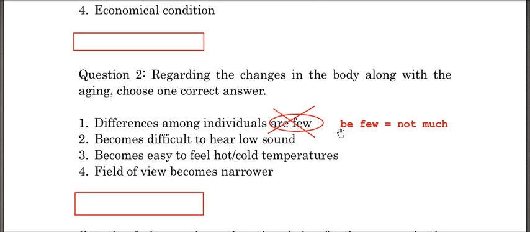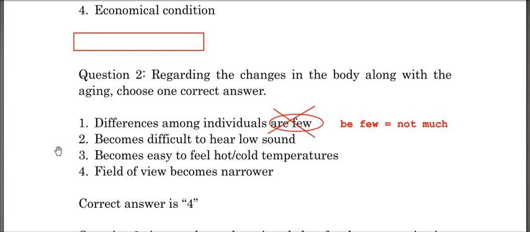A few means not much. So in this case, the correct answer was 4, but you can eliminate this one easily, right? So you choose one of these 3 choices. Okay, next.